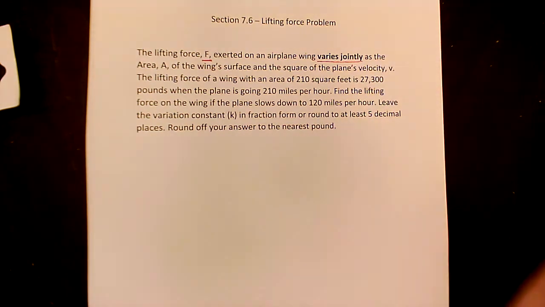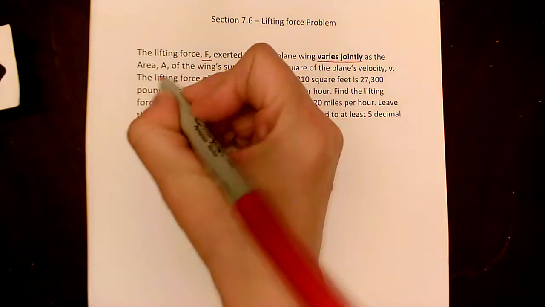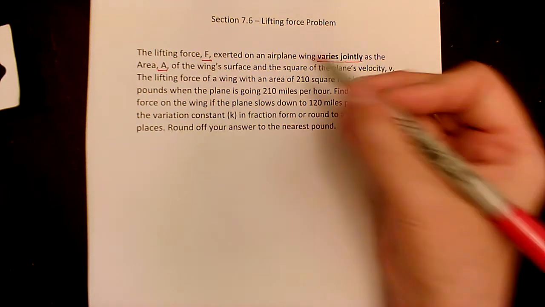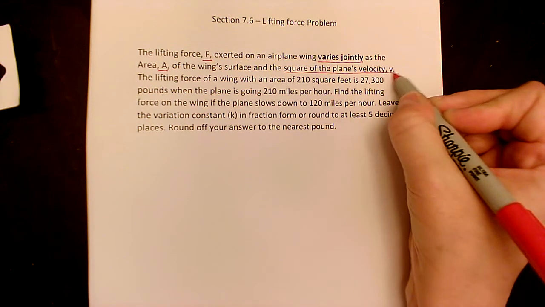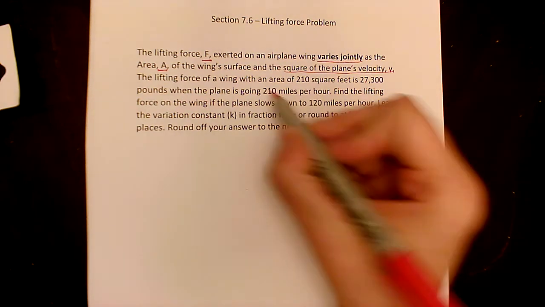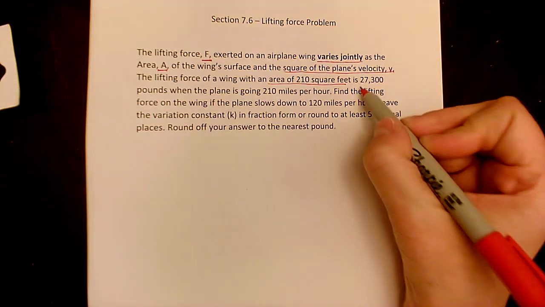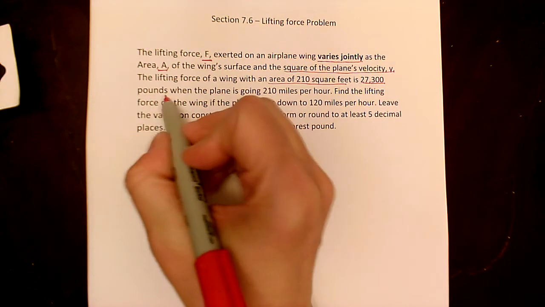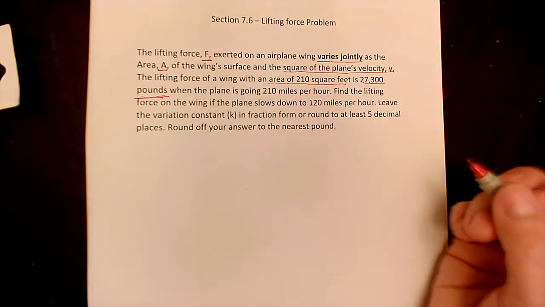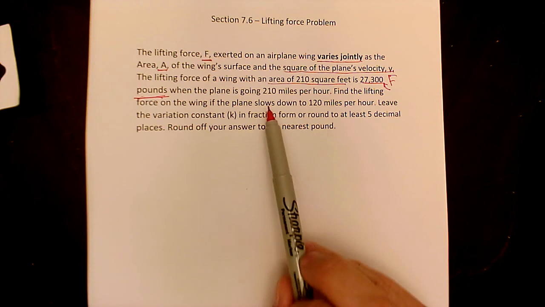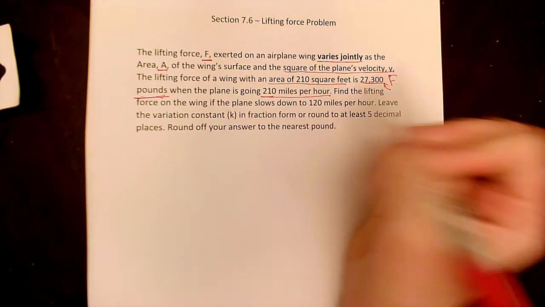Now it varies jointly as the area A of the wing surface and the square of the plane's velocity V. The lifting force of a wing with an area of 210 square feet is, this is lifting force in pounds, when the plane is going 210 miles per hour. Well, that's our speed or velocity.